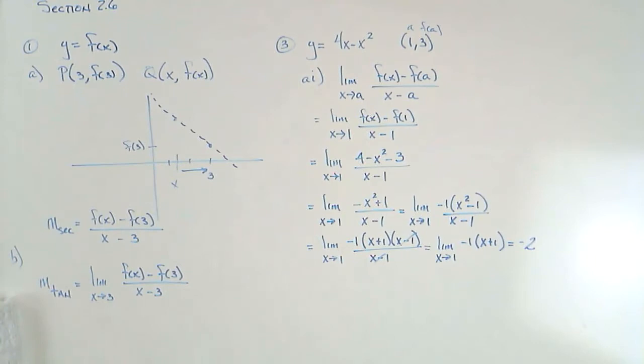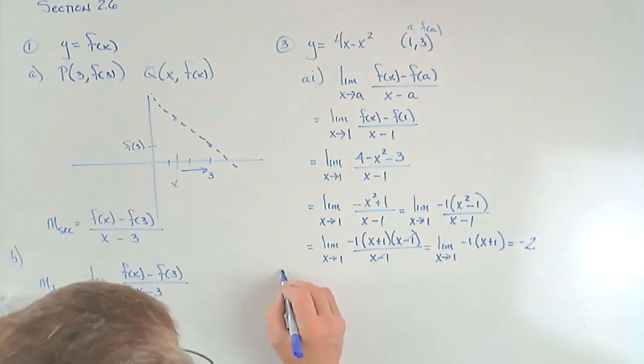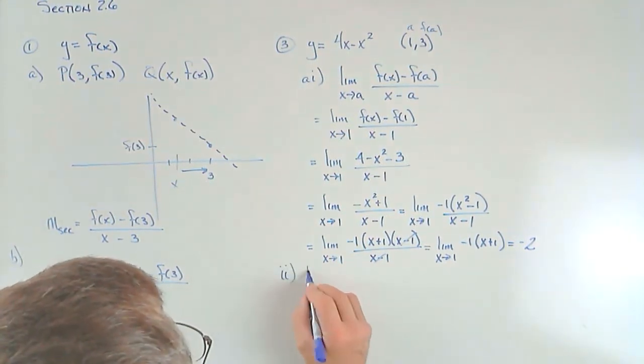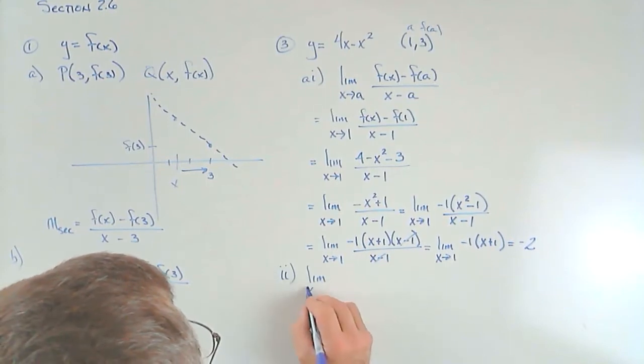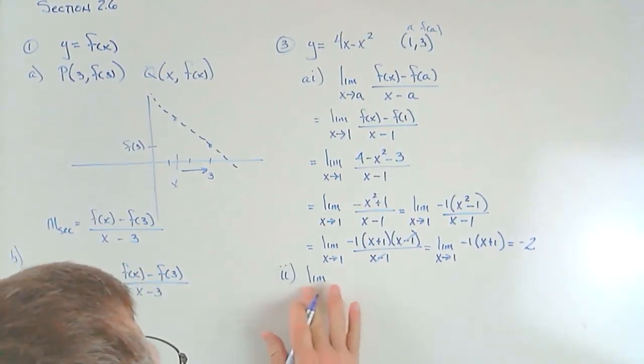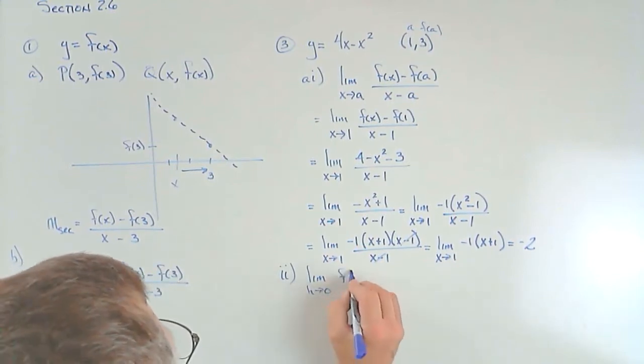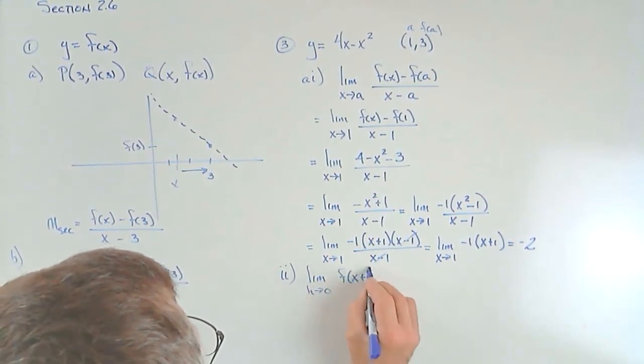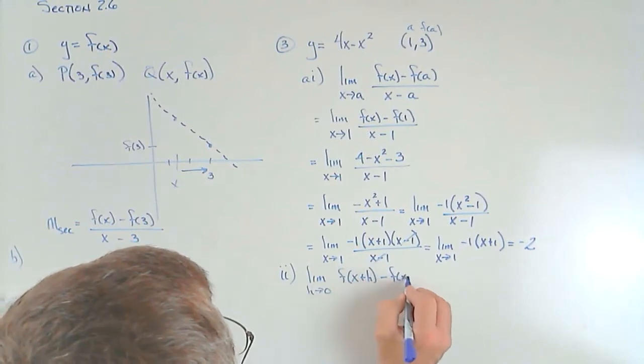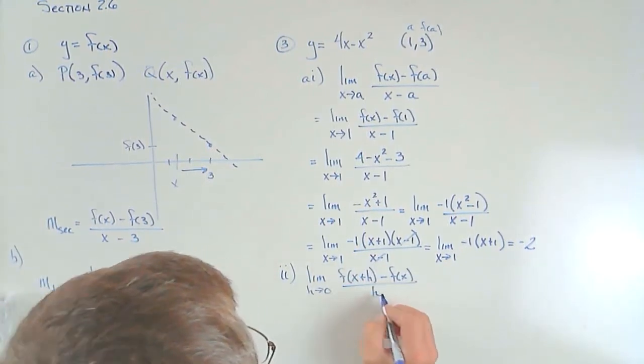Now in part A1, it said use that definition. In part A2, it said use equation 2. Now if we look at equation 2, that is the limit as h approaches 0 of f of x plus h minus f of x all over h.